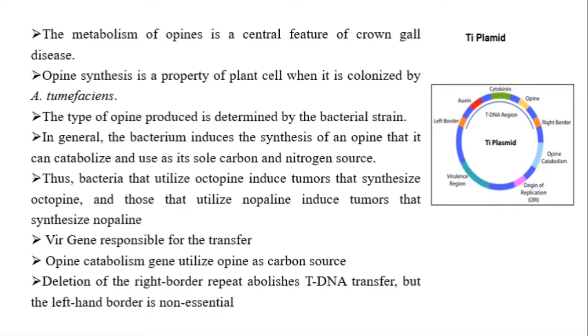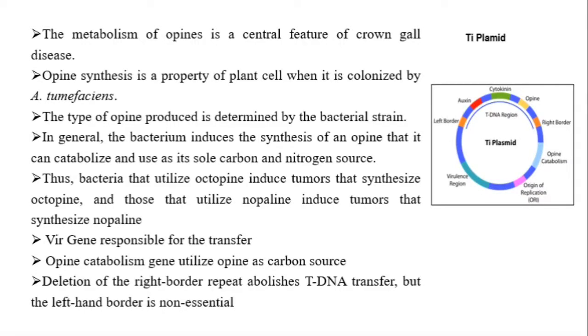If a bacterium causes synthesis of an opine in a plant cell, that bacterium will use that opine as a sole carbon and nitrogen source.